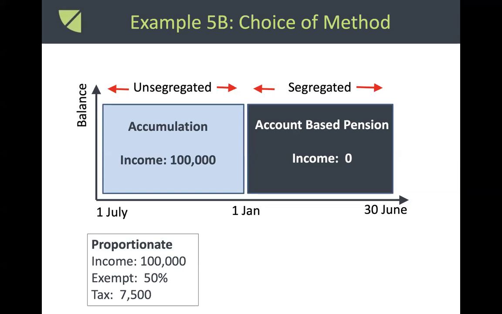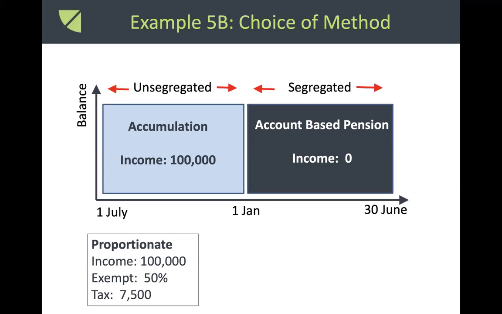And it's the same because we're calculating the income across the whole year. So this whole calculation is the same. 50% exempt again, because the dark blue makes up 50% of the total area. And when you perform the mathematics, you get $7,500 of tax once again.